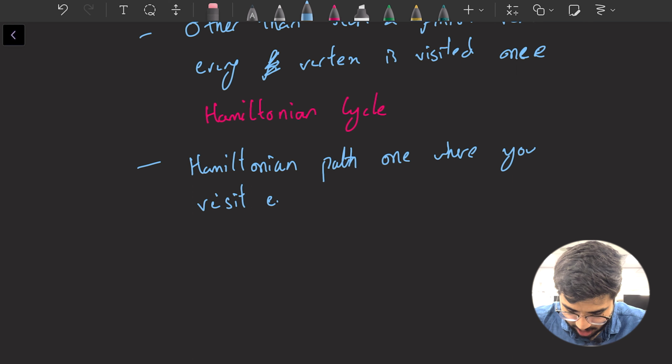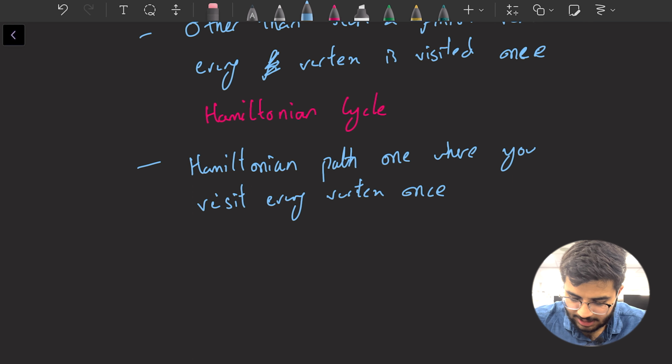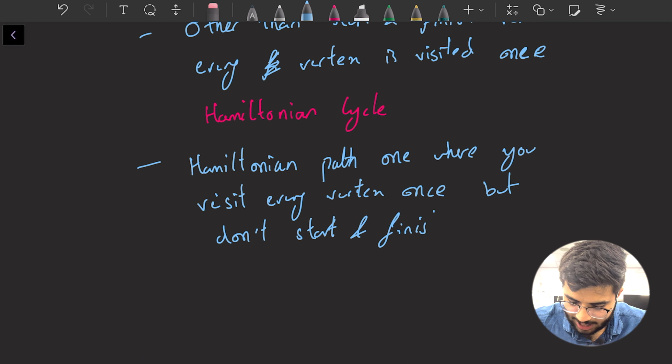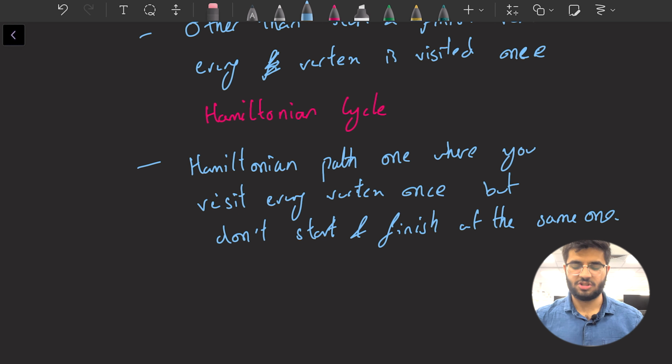Visit every vertex once, but don't start and finish at the same one. Okay, so that's a Hamiltonian path. And if a graph has a Hamiltonian path, then it is called a semi-Hamiltonian graph. Fairly straightforward.